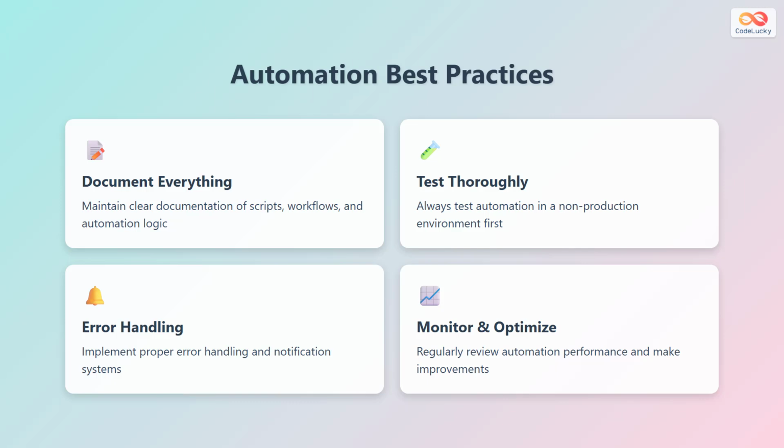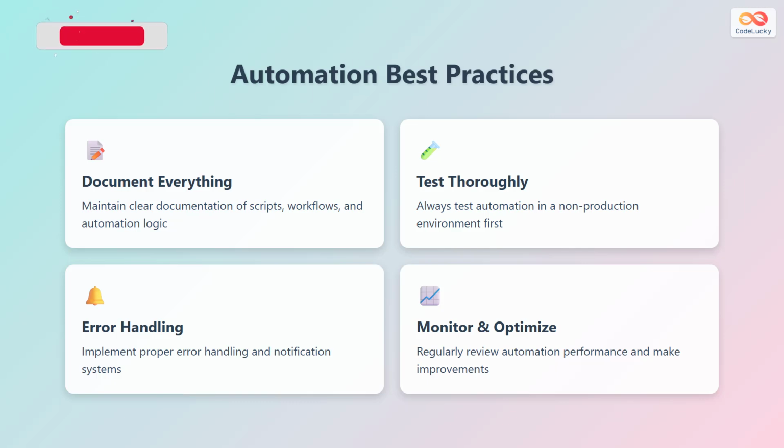To ensure your automation initiatives are successful, follow these essential best practices. First, document everything. Maintain clear documentation of your scripts, workflows, and automation logic so that others can understand and maintain them. Second, test thoroughly. Always test your automation in a non-production environment before deploying to production to avoid unintended consequences.